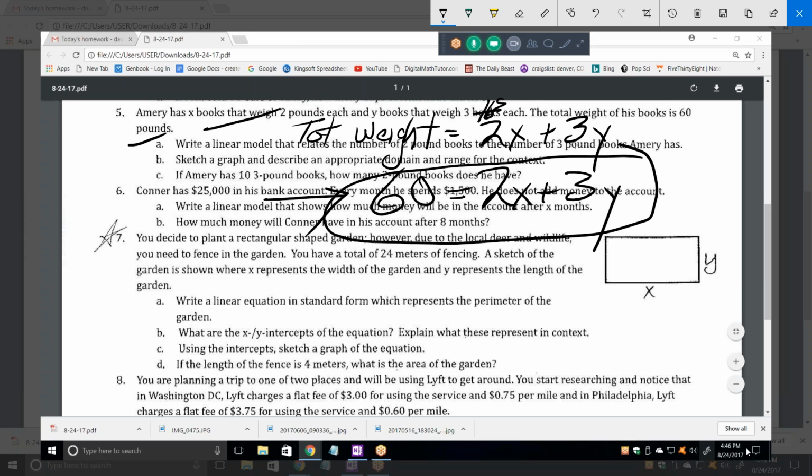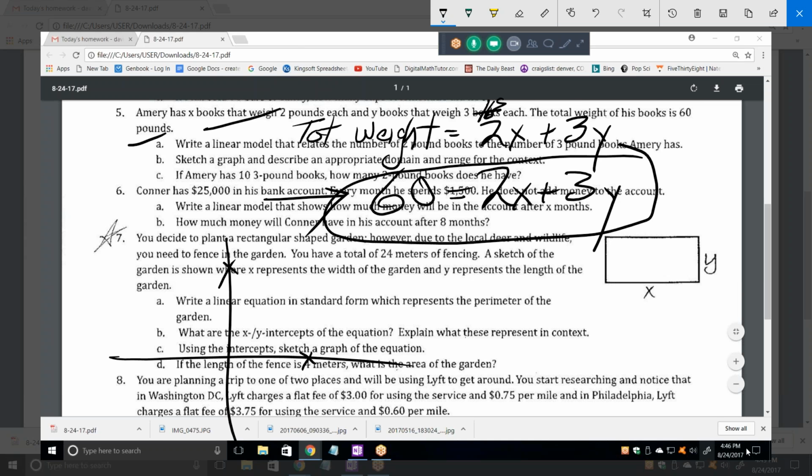Now, sketch a graph. Sometimes the easiest way to sketch a graph is to figure out the X and Y intercepts, rather than manipulating this equation and putting it into y equals mx plus b. Tell me what the x-intercept is and what the y-intercept is.